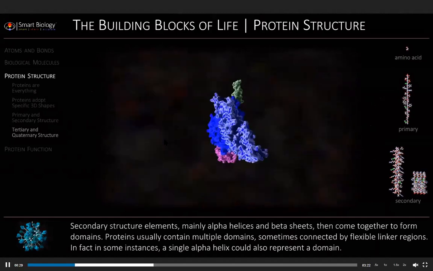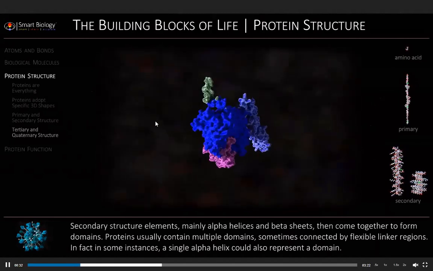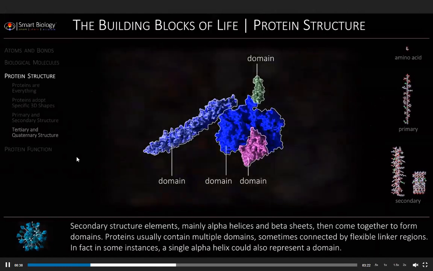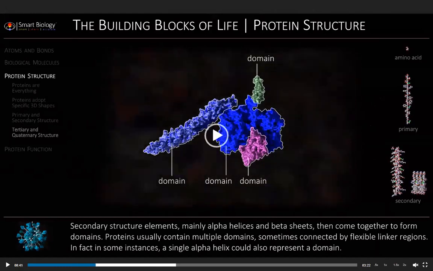So secondary structure elements, the alpha helices and beta sheets, will then come together, as we saw in some other pictures as well, to form the domains. Proteins generally have multiple domains, as we were talking about earlier during the lecture, and they have flexible linker regions. These linker regions generally don't have an alpha helix or a beta pleated ordered structure.